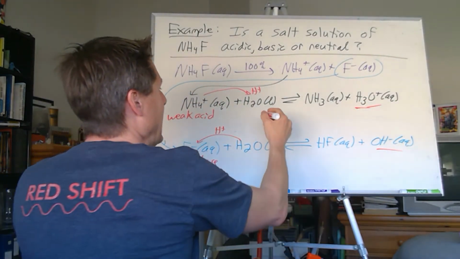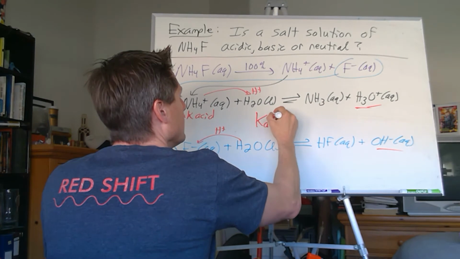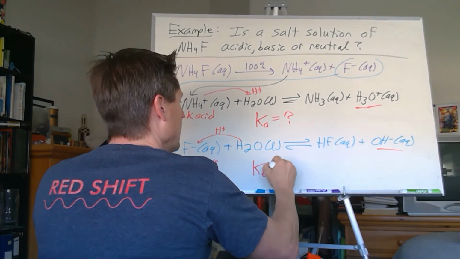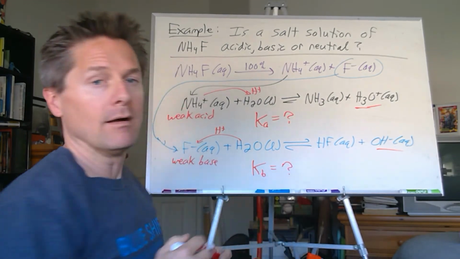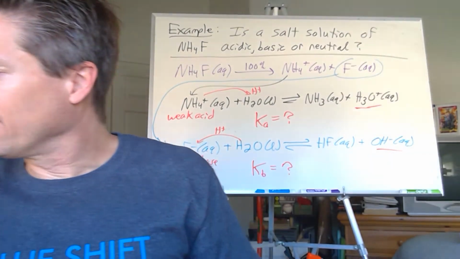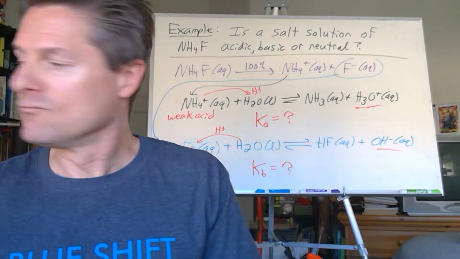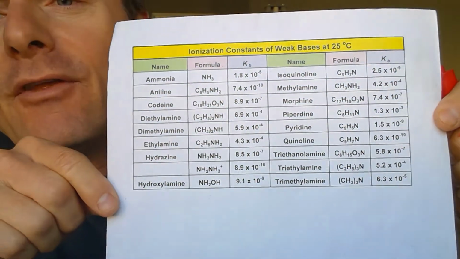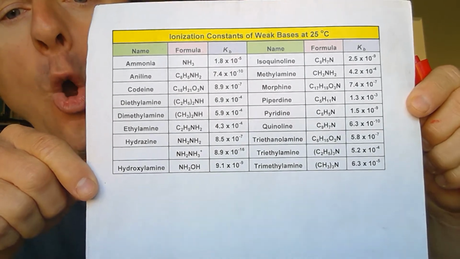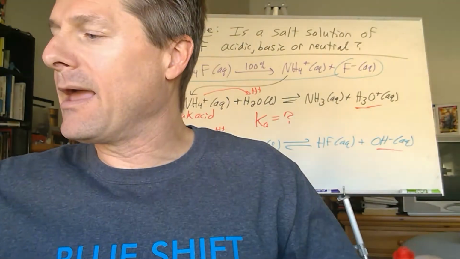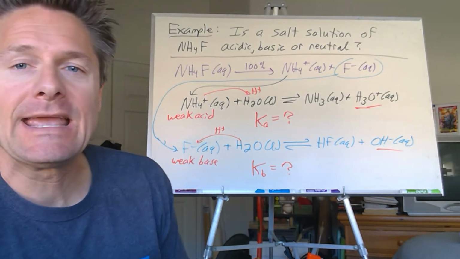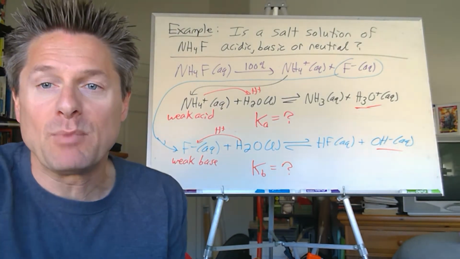So we need the Ka of this, and we need the Kb of this. And if I look on the Kb's, where's my Kb's? If you look on there, there's no fluoride ion. No! Oh, man. All right. So we're going to have to calculate the Ka and Kb values for these babies.